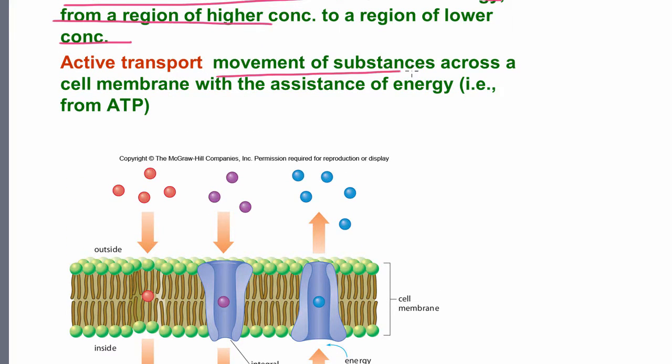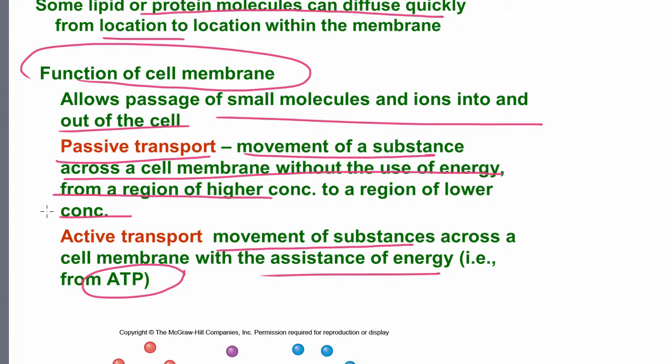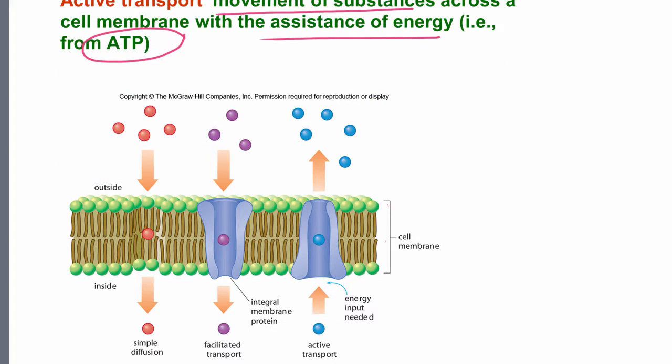And this is movement of a substance across a cell membrane, but with the assistance of energy. So, for example, later on, we're going to talk about ATP, which is the body's energy molecule. So we'll talk about these types of transport a little bit later, simple diffusion and facilitated transport, a little bit later when we get to metabolism.